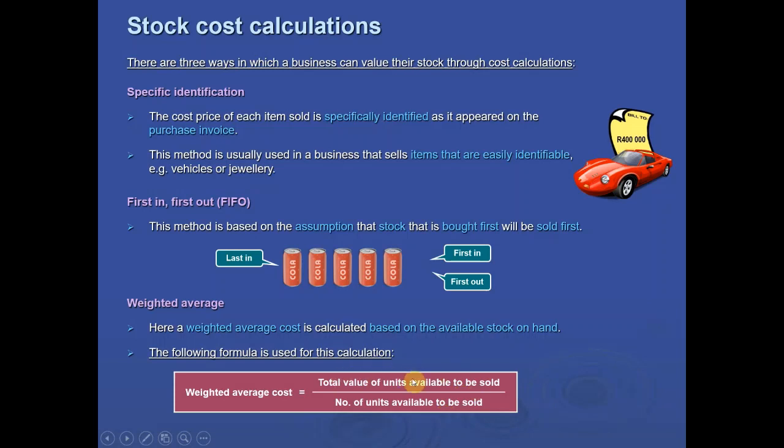In fact, we just take all the purchase prices throughout the financial period, add them all together to get the value of them, and then divide that total by the number of units that we purchased throughout that period to get the average cost.